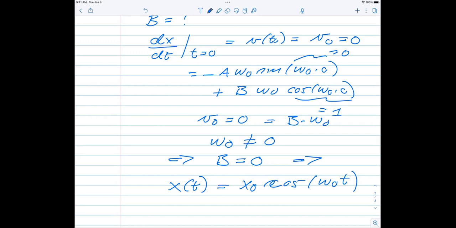So if you now look at this solution which you have, can any one of you figure out what would be the period of this system? When does this solution start repeating itself? Yeah, exactly. So how would you calculate the period from that equation?